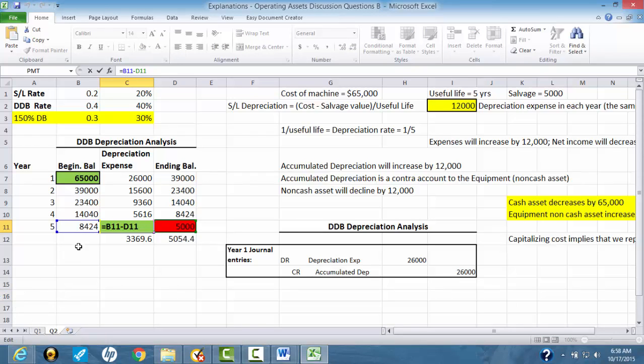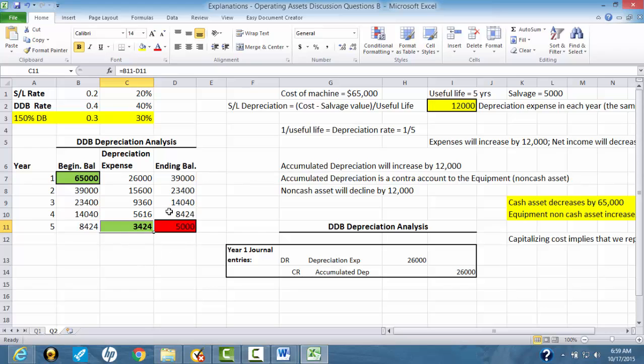And what we'll do is 8,424 minus 5,000, and the depreciation for the 5th year should rather be 3,424. So note that using the accelerated depreciation methods like double declining balance methods, we would have to do an approximation in the 5th year to ensure that we get the salvage value.